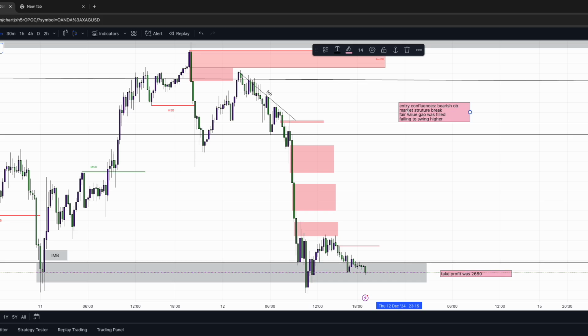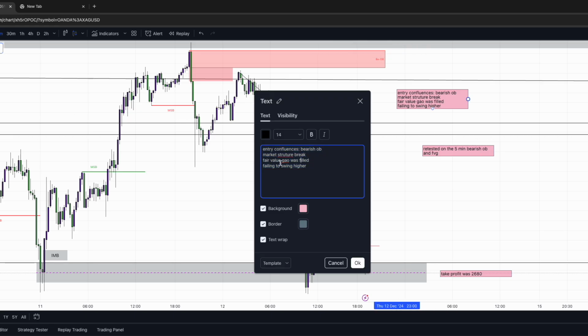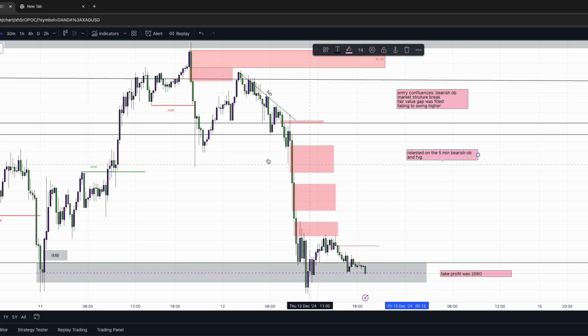So when 8:30 came, it retested on the 5-minute bearish order block and fair value gap. So once I got in here, I entered.